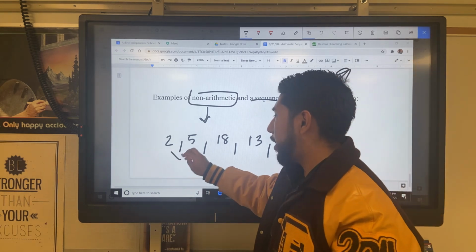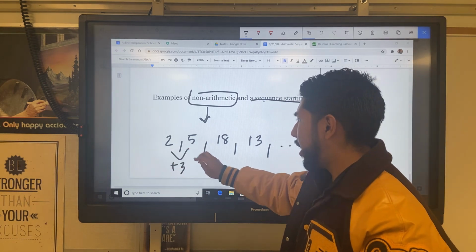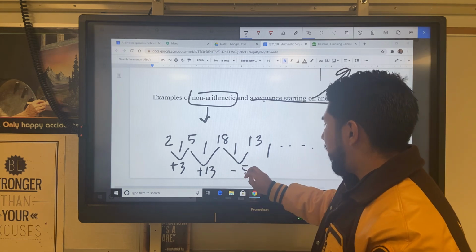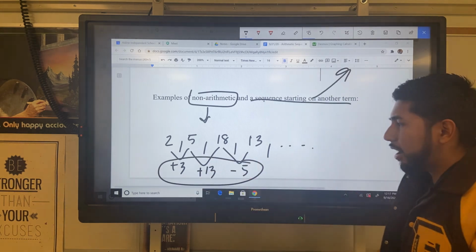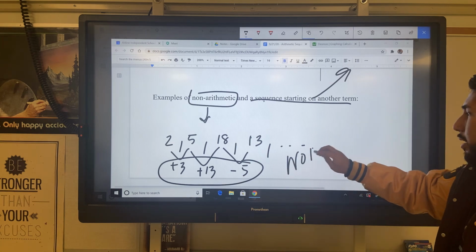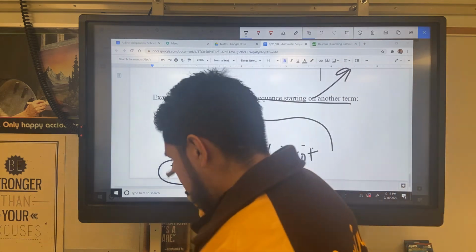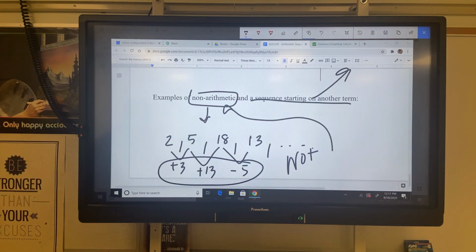So right here it went plus 3, okay? Up here it went plus 13. What the? And then it went minus 5. This difference is not a common difference, so this is not arithmetic, okay? So make sure you just count the difference and you should be good to go.